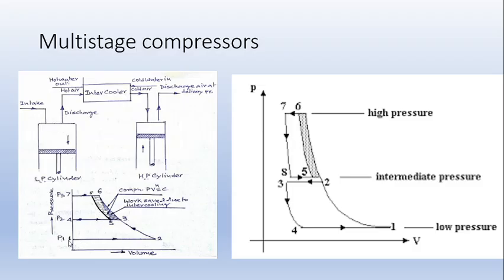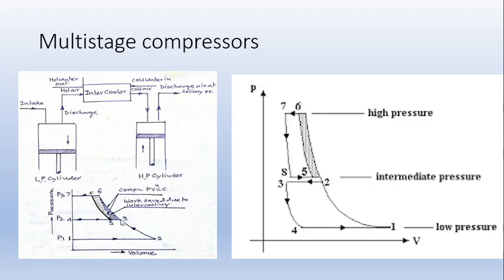Okay. Now P1 is the atmospheric pressure or intake pressure. The air at P1 is sucked into the low pressure cylinder, then compressed to a pressure P2. At point 3 the pressure will be P2.